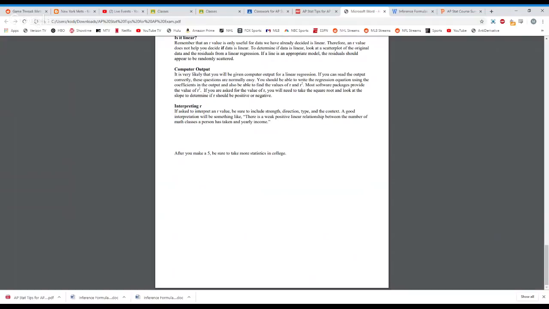Factor, level, and treatment. Okay. So factors and levels form the treatments. A factor could be the amount of light: high, medium, low. So the factor would be the amount of light, and the levels would be high, medium, low.